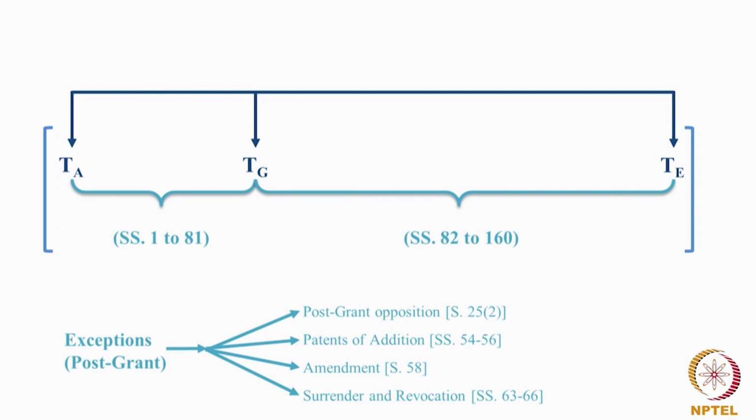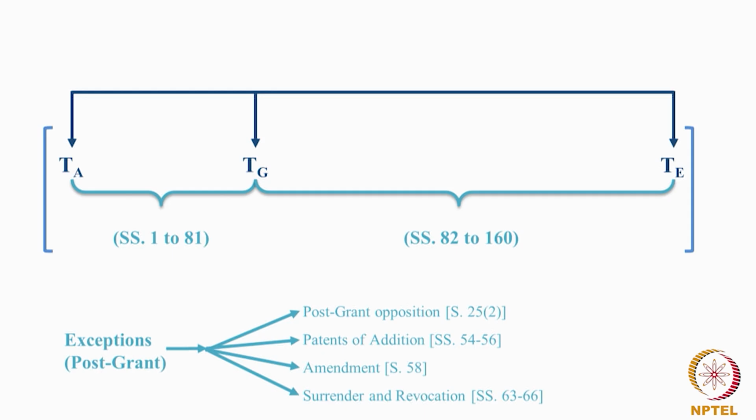The exceptions where the patent prosecution can go beyond section 81, or rather the exceptions where there are certain acts between section 1 and 81 which do not pertain to things that happen between the timeline TA and TG, are the following. Post grant opposition under section 25(2), though it comes between sections 1 to 81, it actually happens after TG.